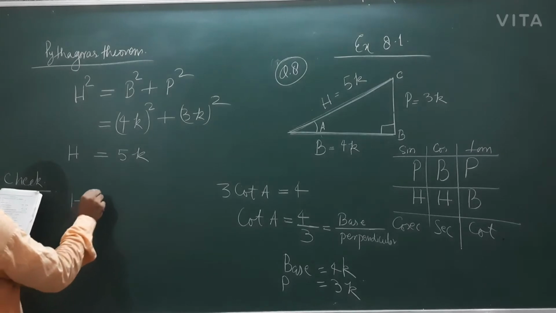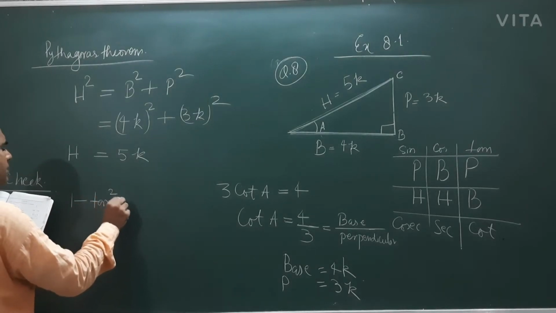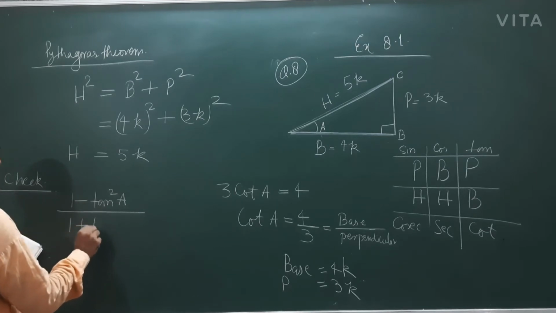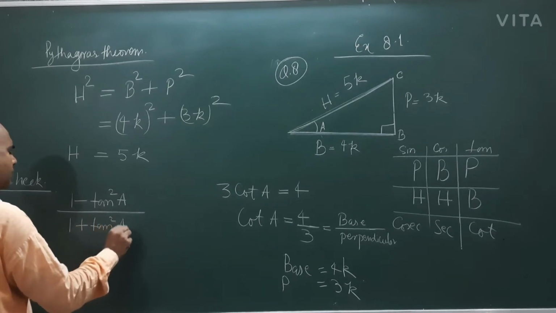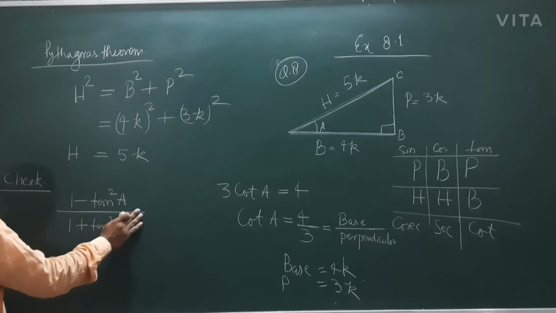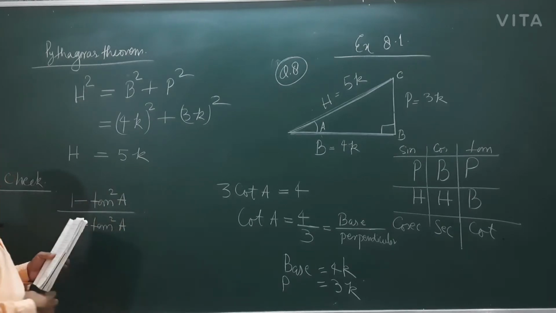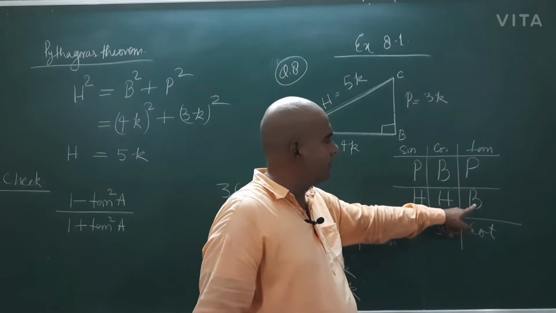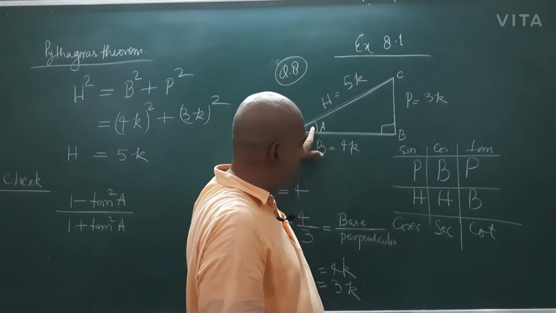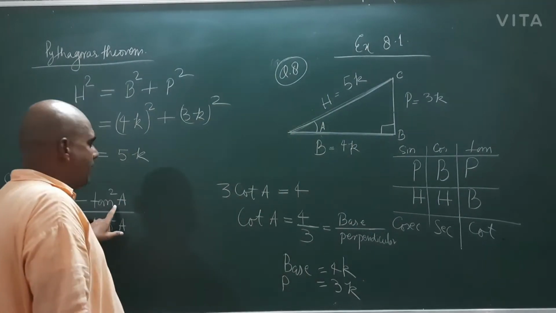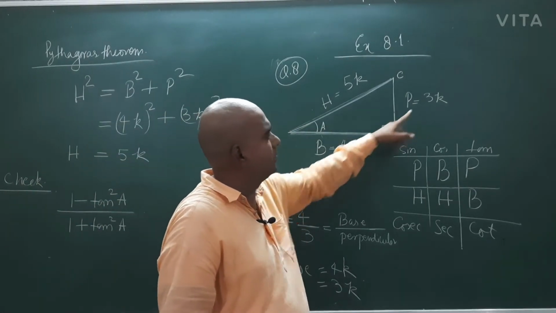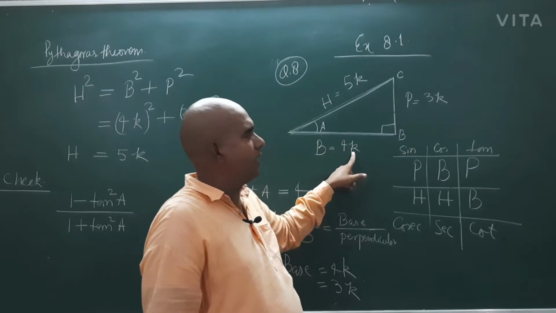For this you have to find the value of tan. Tan is perpendicular by base, so tan A is 3 upon 4.